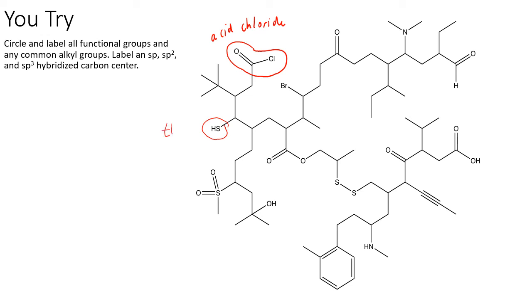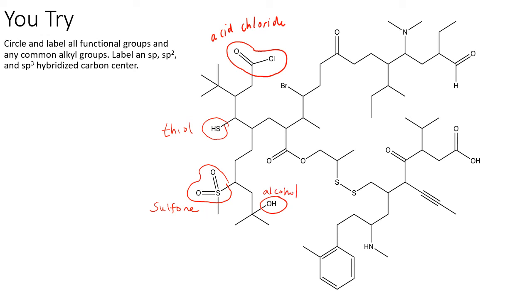That is called a thiol. Below our thiol, we have another sulfur one, sulfur with 2 double bonds to oxygen. This is called a sulfone. And then right below that, we have an OH, which is an alcohol.